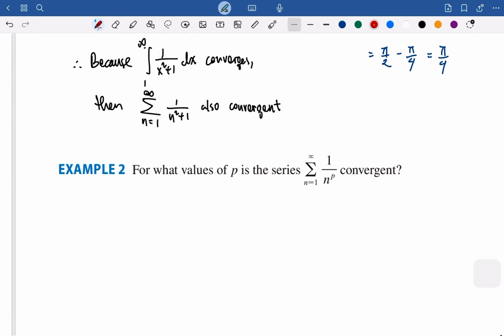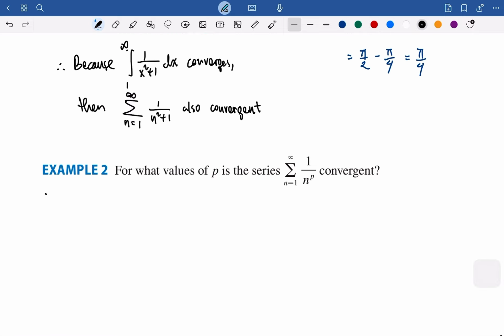So we can say that if p is negative, then we can write the limit of 1 over n to the power of p. If this is negative, it goes back to not being a fraction, right?